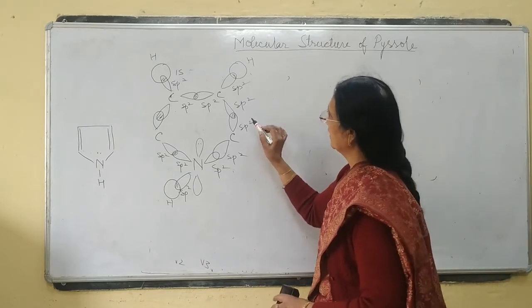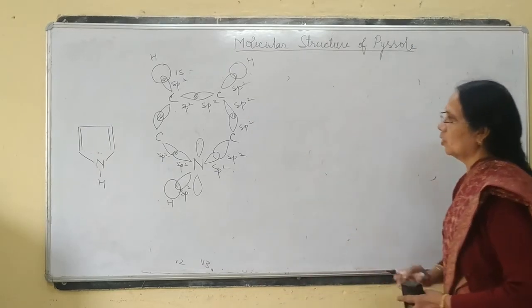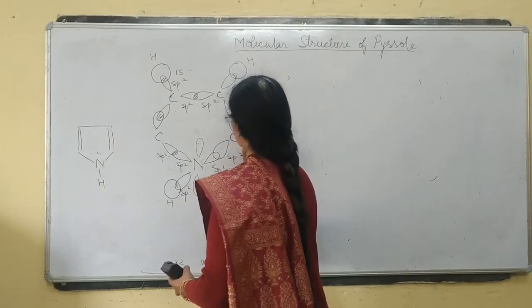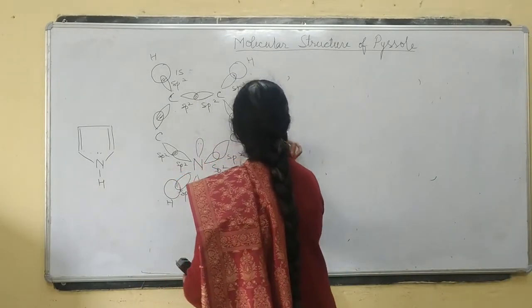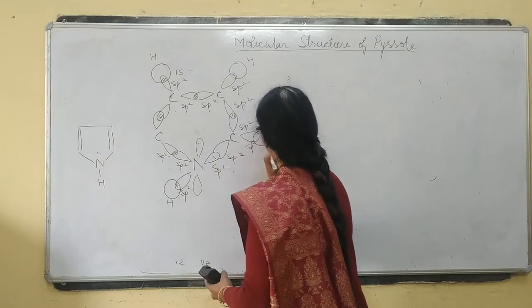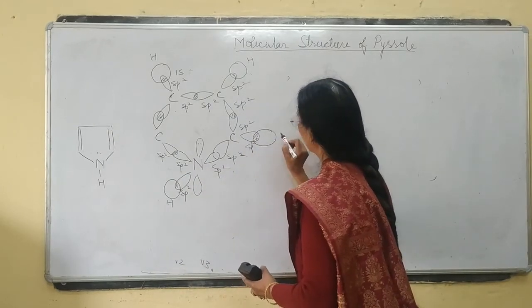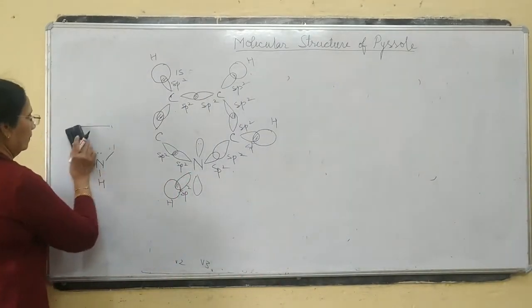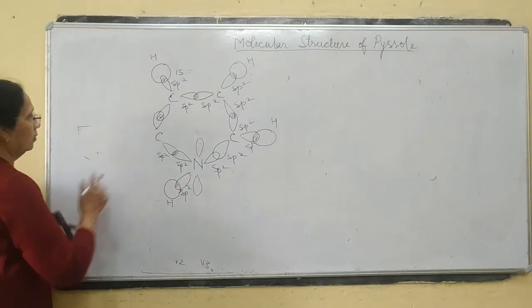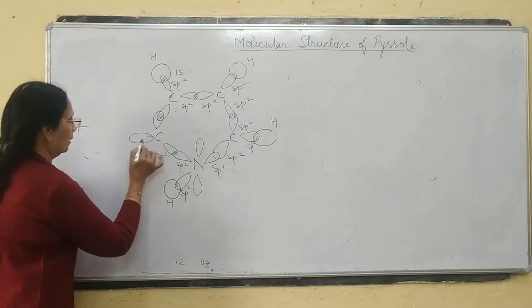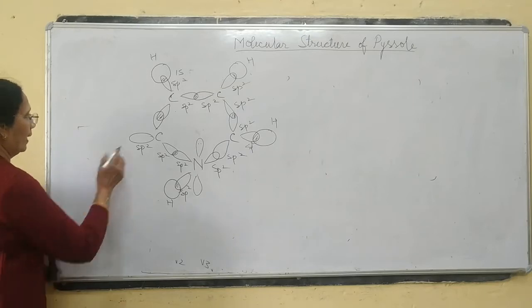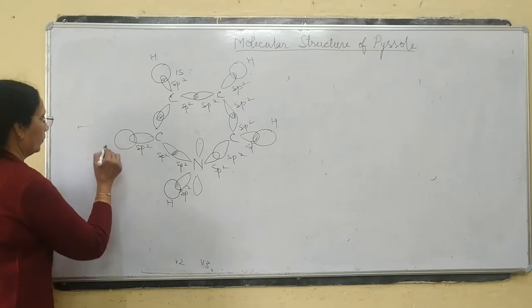So we can see all carbon atoms of pyrrole. Here one sp2 hybridized orbital overlaps with the hydrogen atom, and here also one sp2 hybridized orbital overlaps with one hydrogen atom.